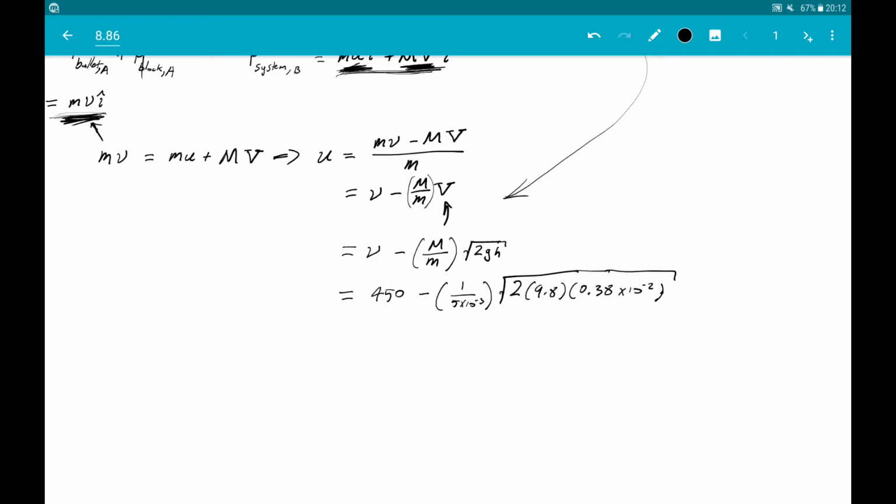Take the square root, divide that by 5 times 10 to the minus 3. That's 54.582. So the speed of the bullet right after the collision is about 395 meters per second.